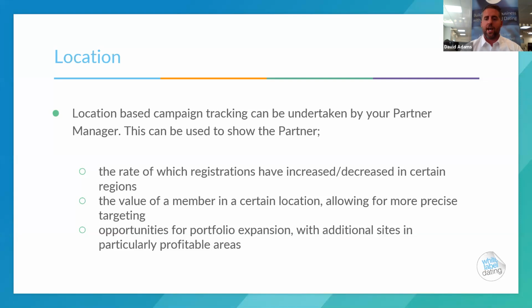If you've got a generic dating brand such as Just Singles, you may then run a campaign location-based across the UK and then realise that there are certain locations which perform exceptionally well.